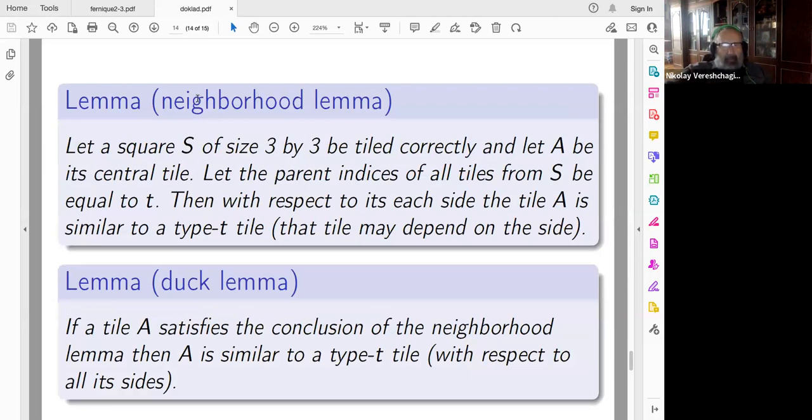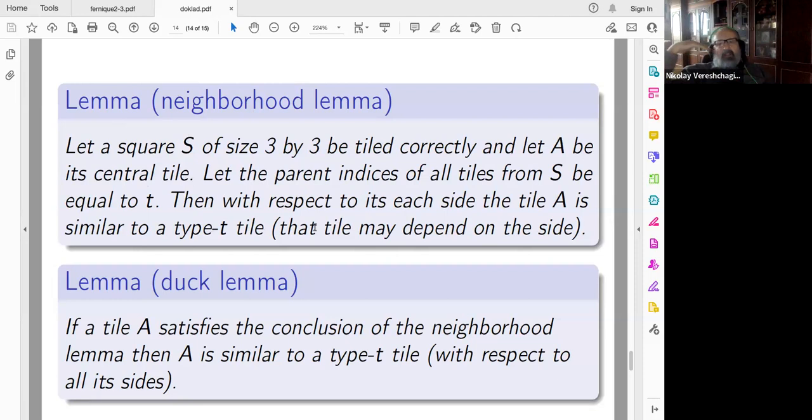The neighborhood lemma claims the following thing. Let a square of size 3 by 3 be tiled correctly by our tiles from our set, and A be its central tile. And assume also that the parent indices of all tiles from the square are equal to T. Then, with respect to each side, the tile A is similar to some type T tile, and that tile may depend on the side.